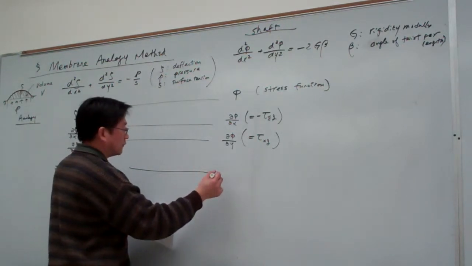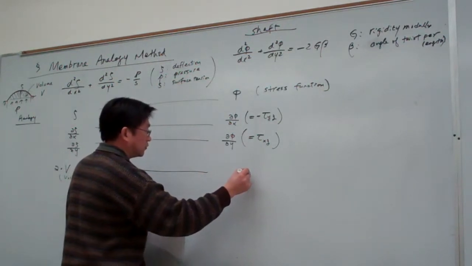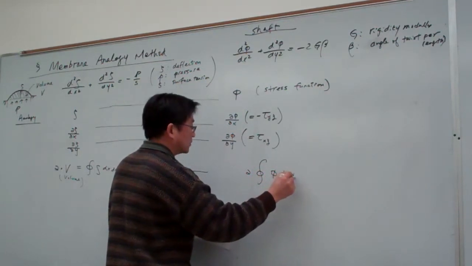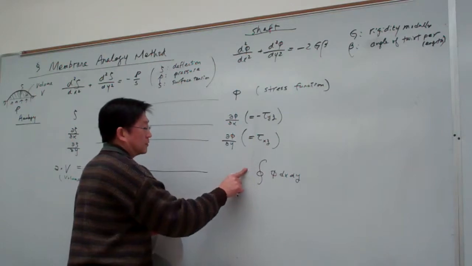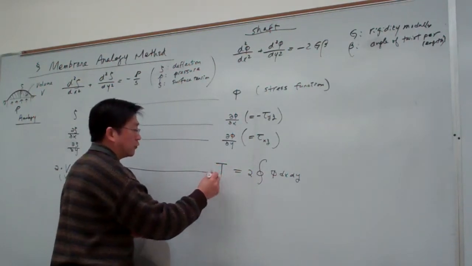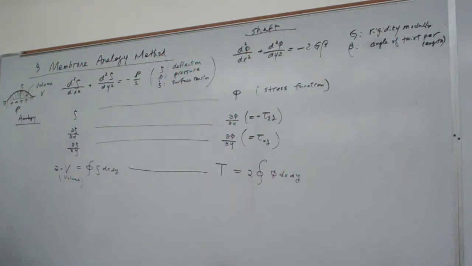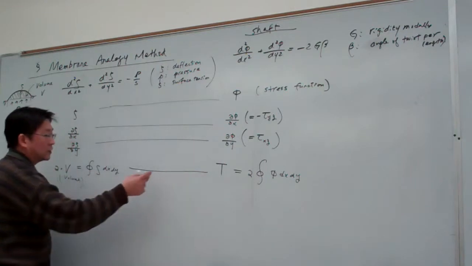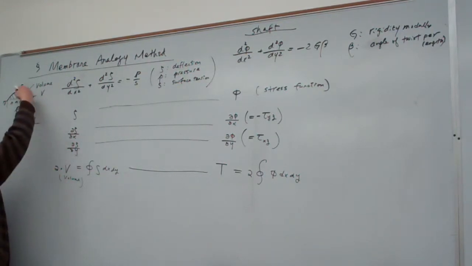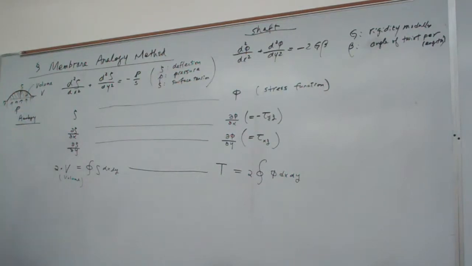This is equivalent to 2 times the integral of phi dx dy, and this quantity can be shown to equal the torque. So for your learning, the torque is analogous to 2 times the volume under the membrane.